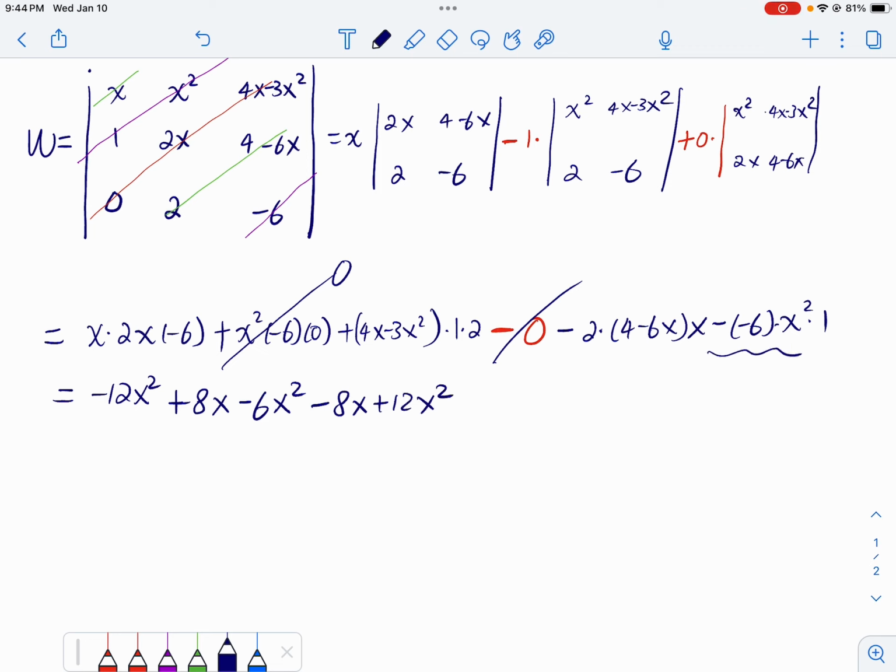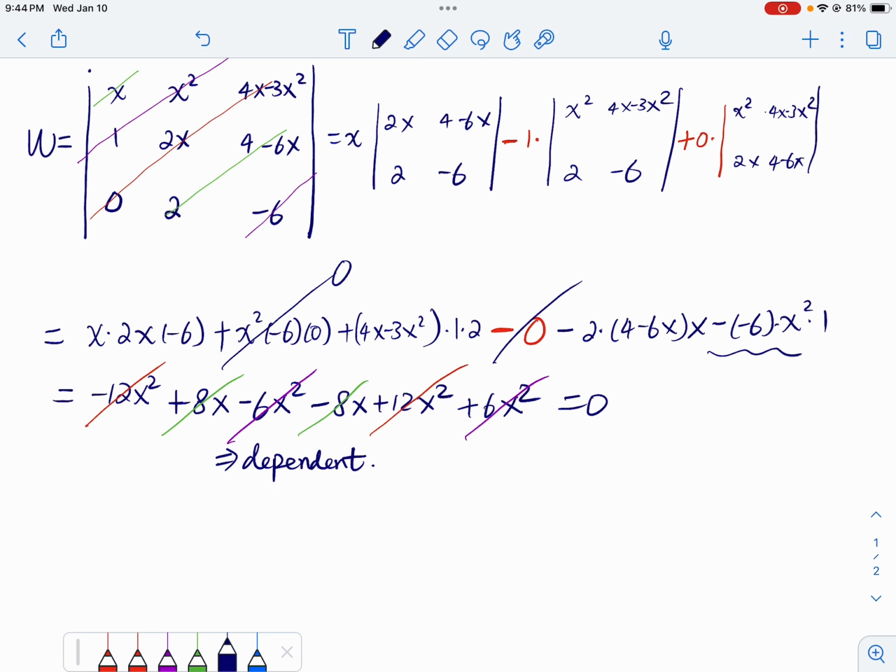And the very last one will be plus 6x squared. And we do see that negative 12x squared cancels, negative 8x, and then negative 6x squared, which is equal to 0. So because the Wronskian is equal to 0, we know that it is dependent, right? So that's pretty dependent.